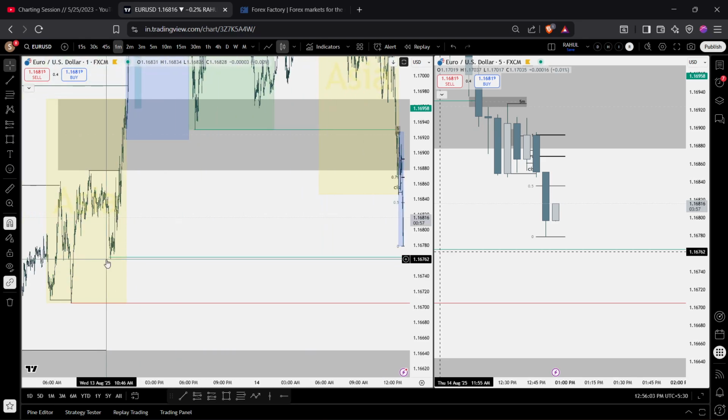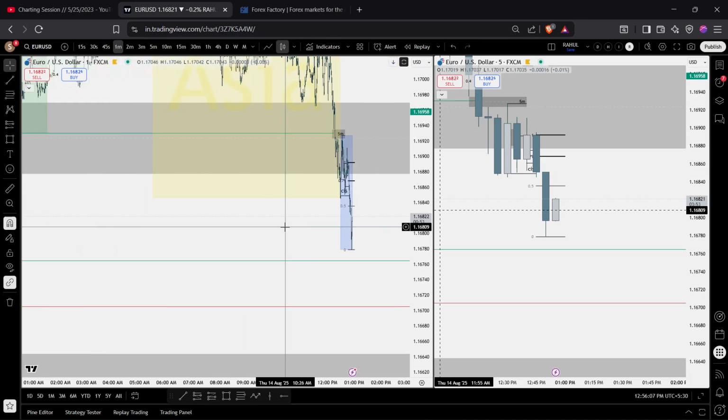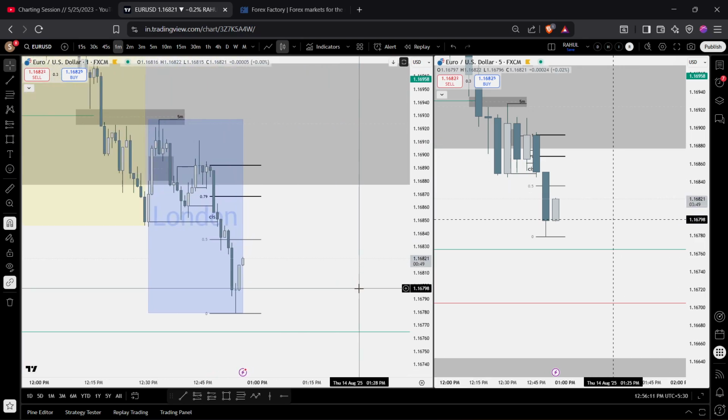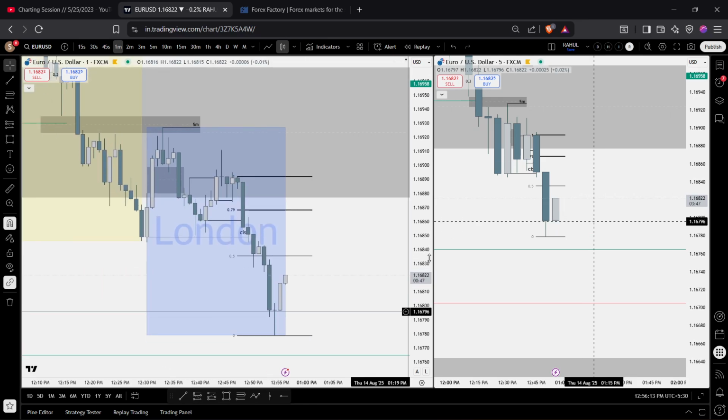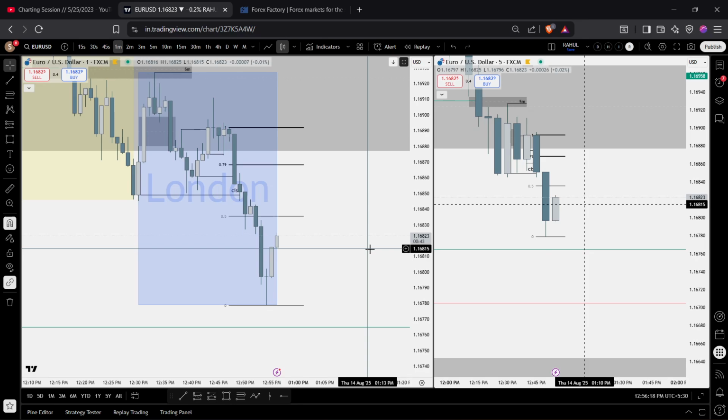Okay, we are getting a retracement to the equilibrium. I'm going to enter somewhere here in this order block.